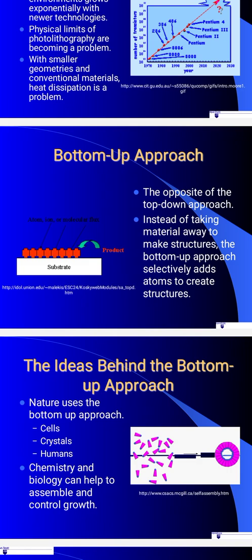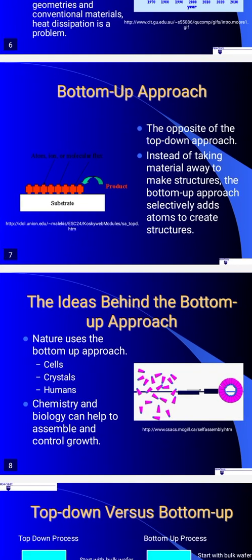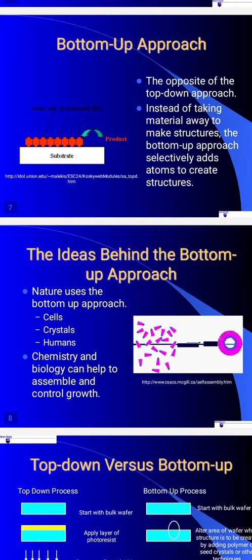From one atom, you take another atom and arrange them, so that you get a nanostructure. Instead of taking material away to make structures, the bottom-up approach selectively adds atoms to create structure.